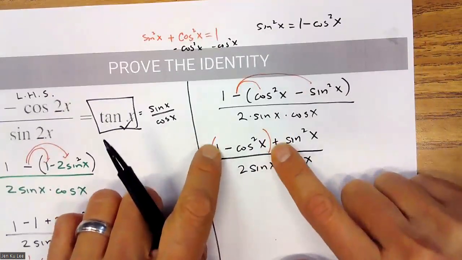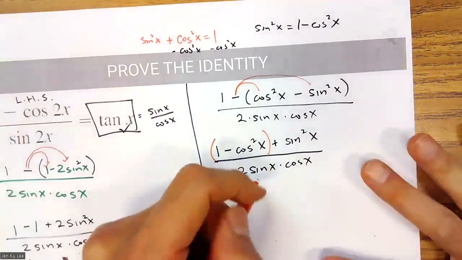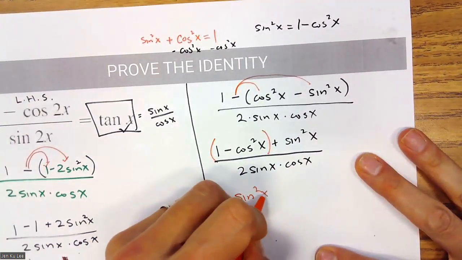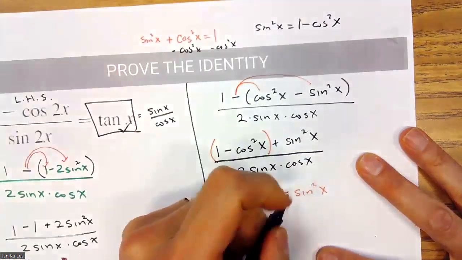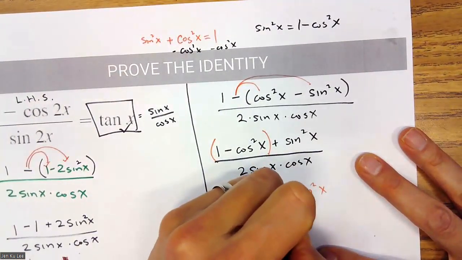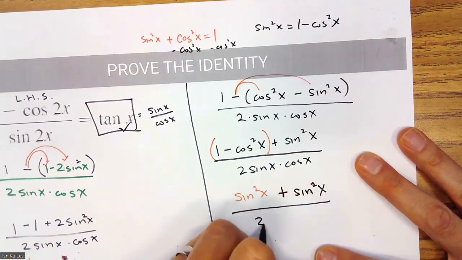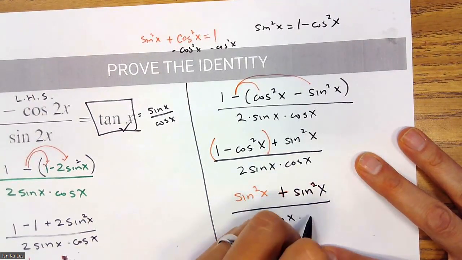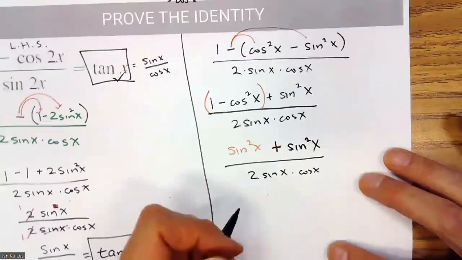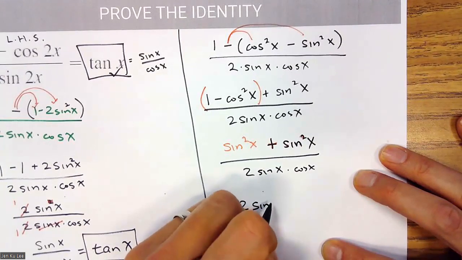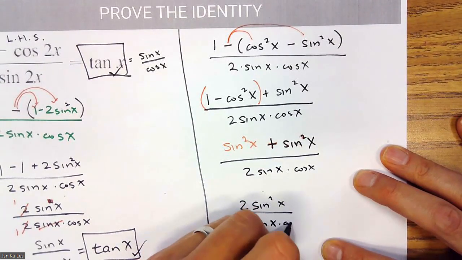So what I put in parentheses in the orange is actually equal to sine squared x plus sine squared x over 2 sine x times cosine x. Well, sine squared x plus sine squared x, that is 2 sine squared x over 2 sine x times cosine x.